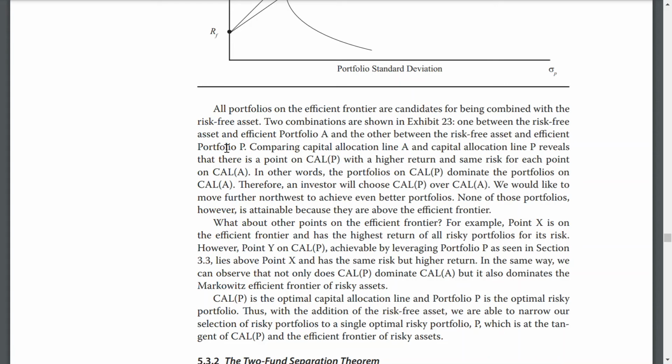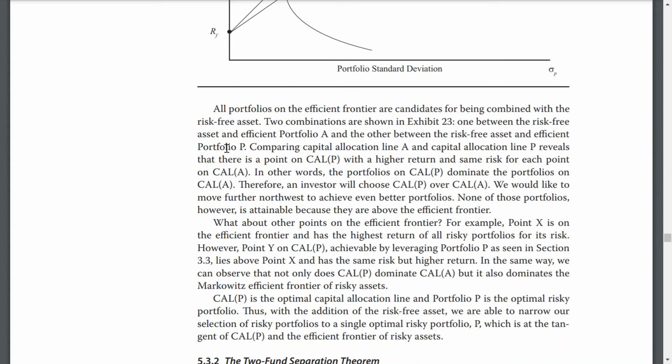What about other points on the efficient frontier? For example, point X is on the efficient frontier and has the highest return of all risky portfolios for its risk. However, point Y on CAL P, achievable by leveraging point P, as seen in Section 3.3, lies above point X and has the same risk but higher return.